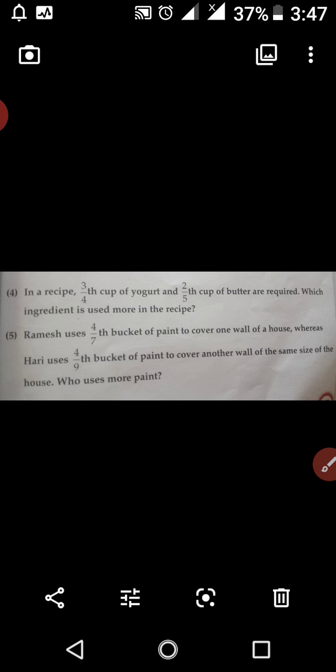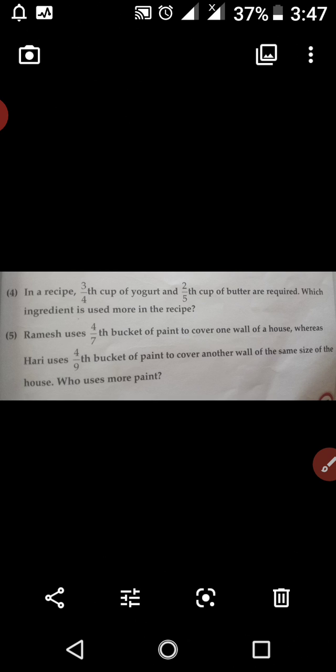In a recipe, 3/4 cup of yogurt and 2/5 cup of butter are required. Which ingredient is used more in the recipe? You have to find out which is greater, which means we are going to do the comparison.